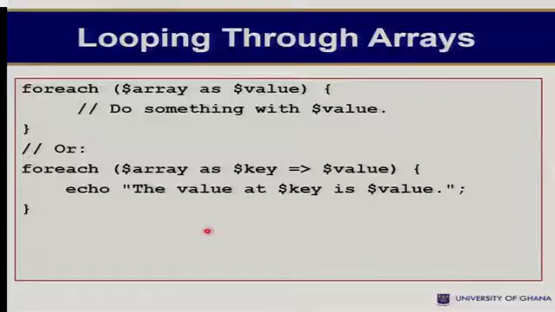So if you want to have access to the key and the value, the second foreach loop is the best construct to use. Otherwise, if you are interested in the array value, then the first foreach loop is appropriate. And this is what you'll be using most of the time, because in most cases, programmers are just interested in the value that is stored in the array and not the key value pair.